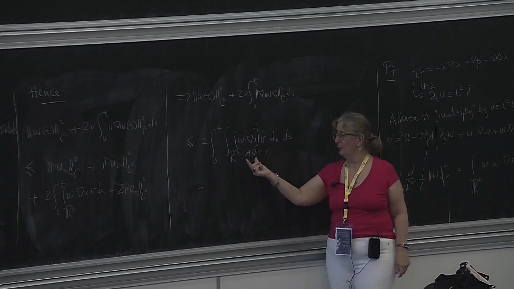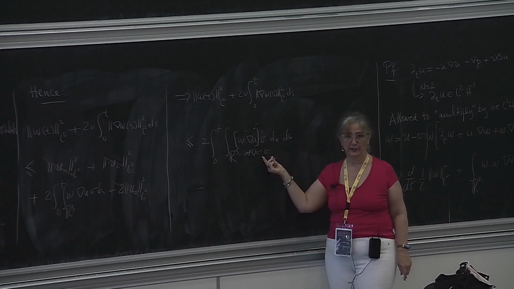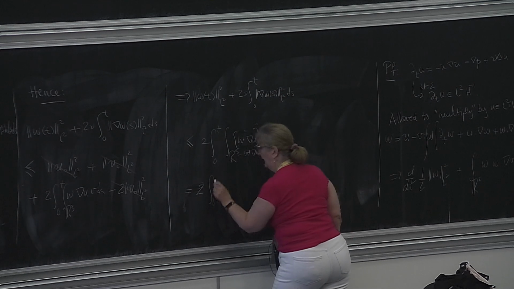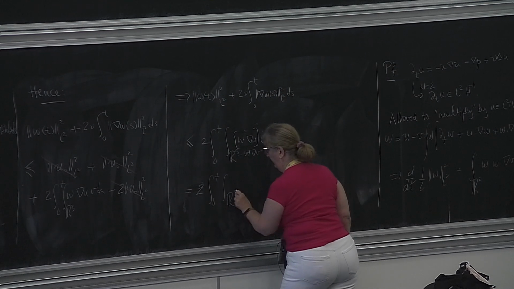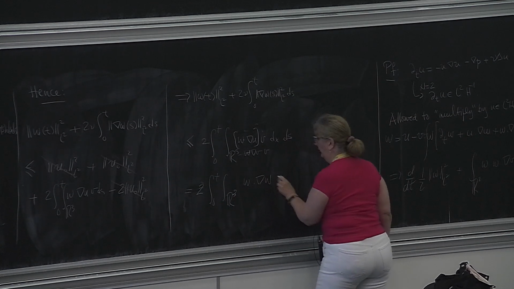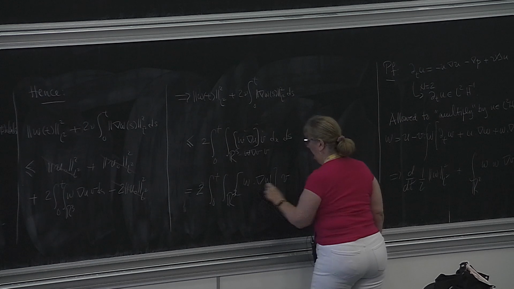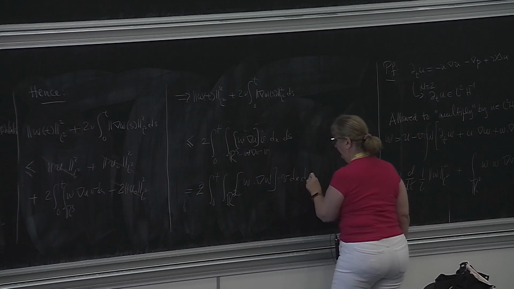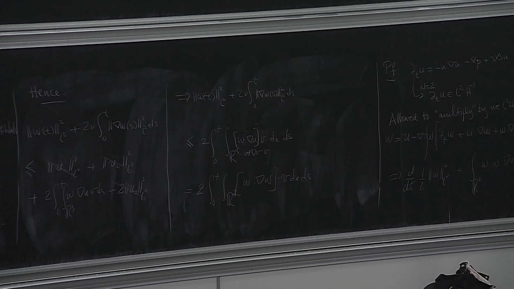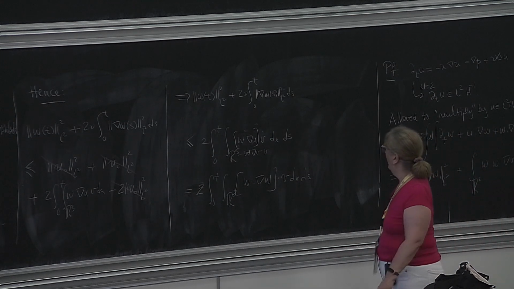This is the term which is W dot grad of V squared over 2. So this is the same thing as twice the integral in time of W grad W times V. Because I just added and subtracted the W dot grad V times V. And that's 0. All right.